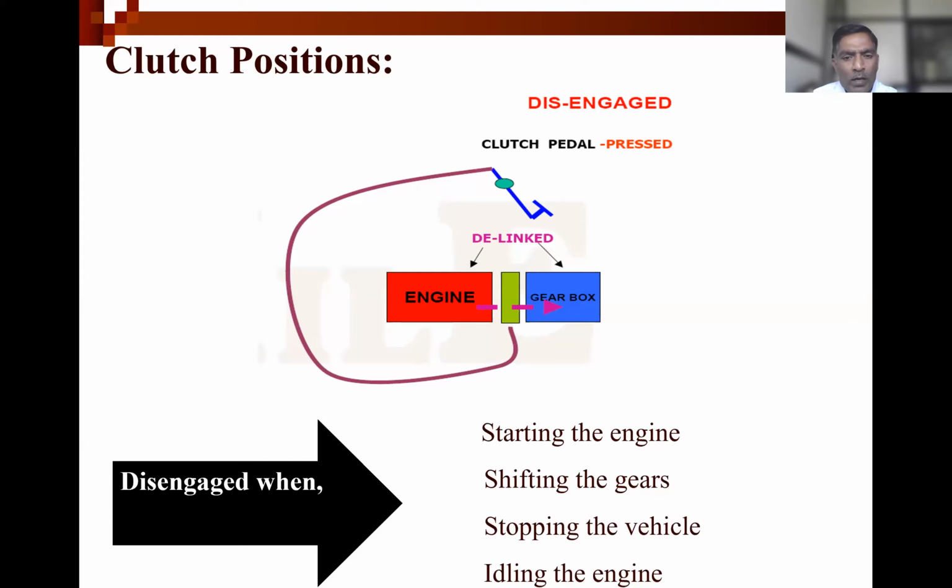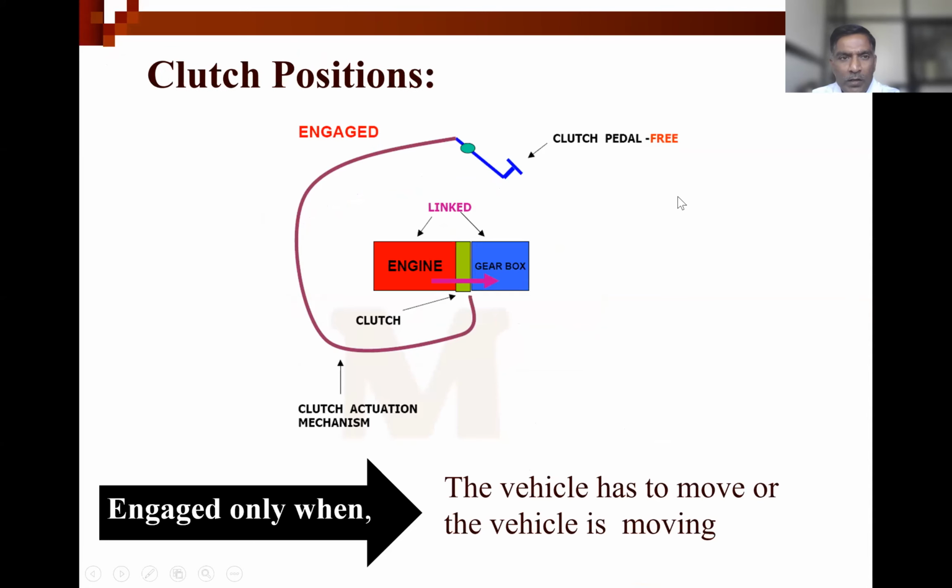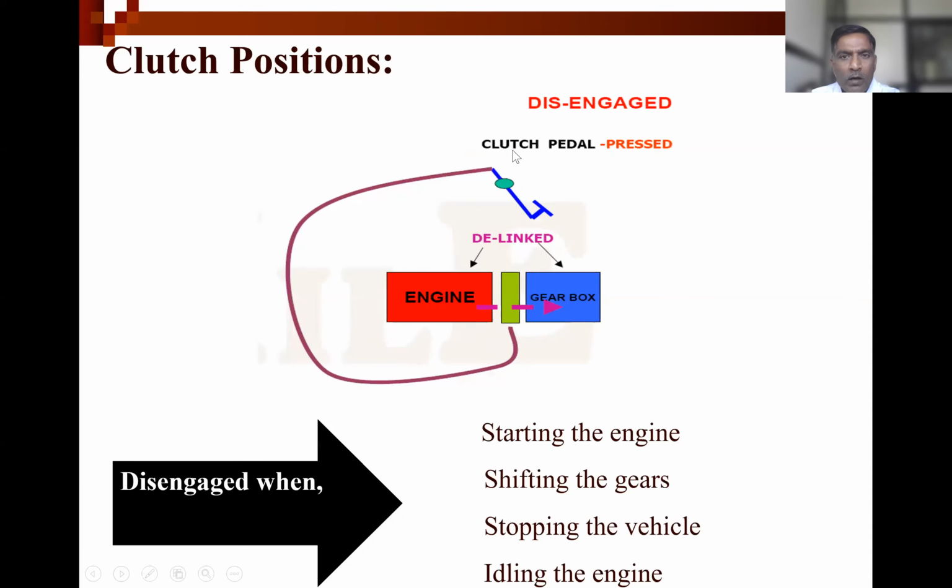Now here you should see why the clutch is required, and simultaneously we are going to see when disengagement is required. So this is the position wherein you can see disengaged.